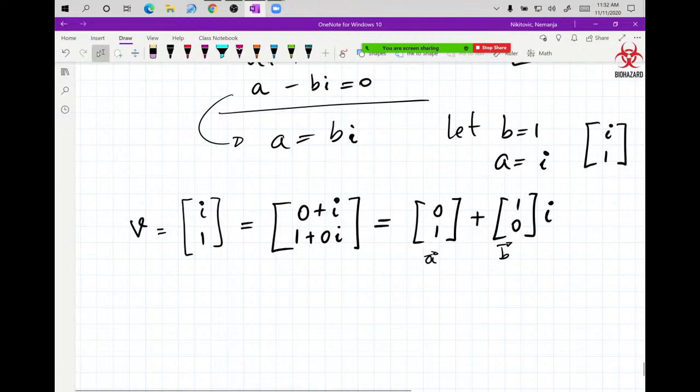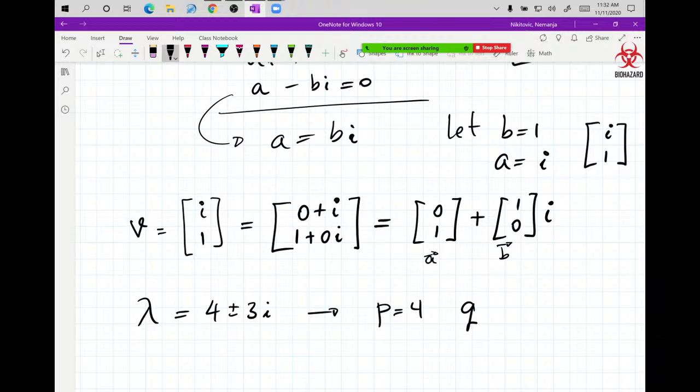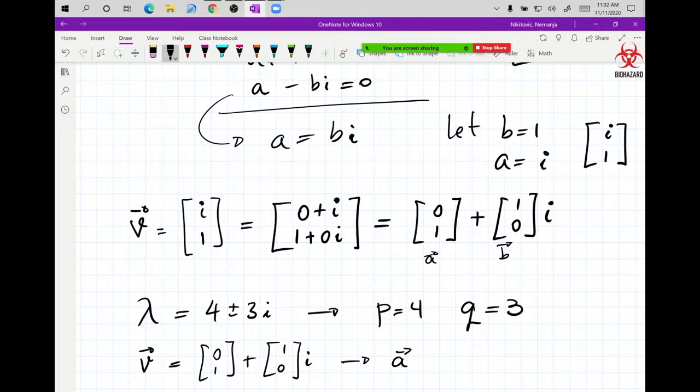So guys, what do I have? I have my lambda given as 4 plus minus 3i, from where I need to collect that p is 4 and q is 3. And then I have that my vector v is given as 0, 1 plus 1, 0 i, from where I need to collect that vector a is 0, 1 and vector b is 1, 0.